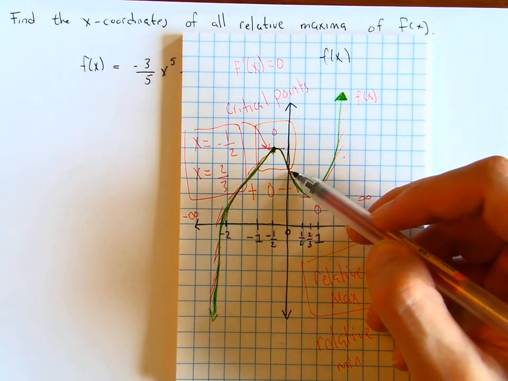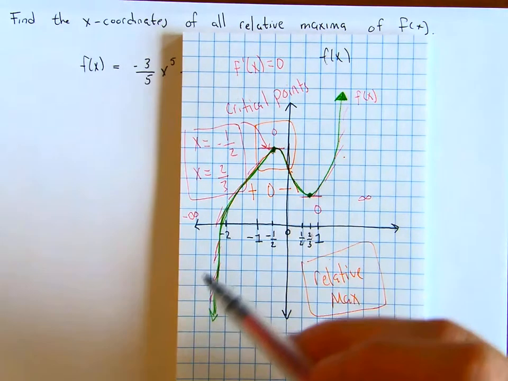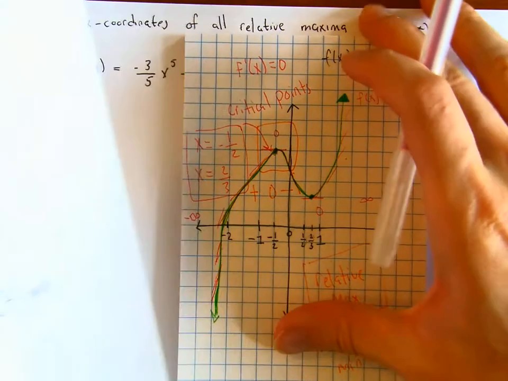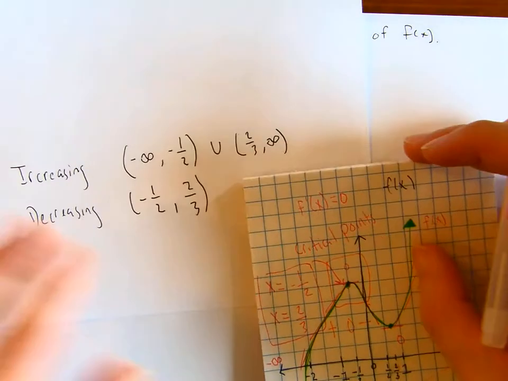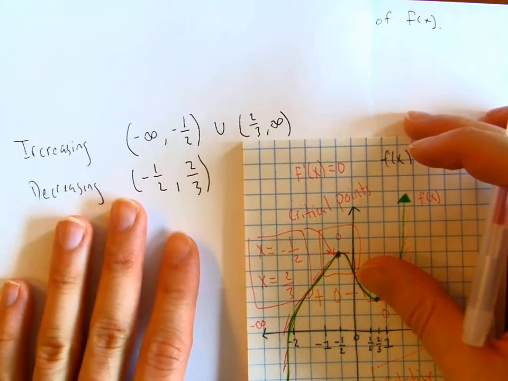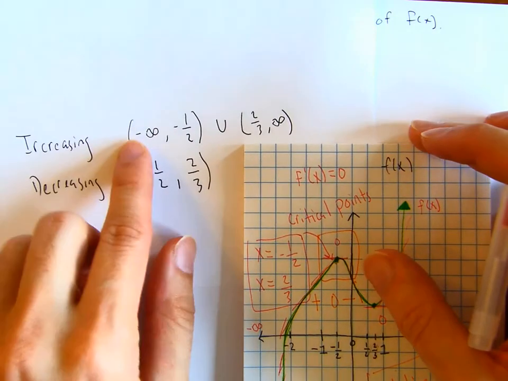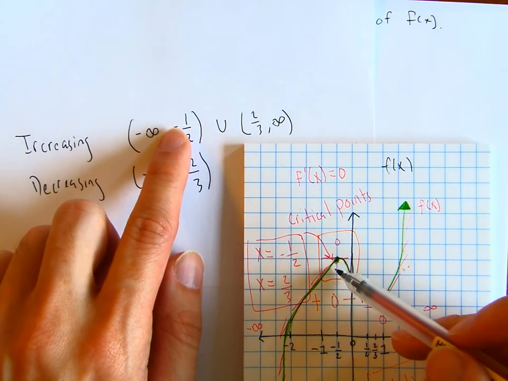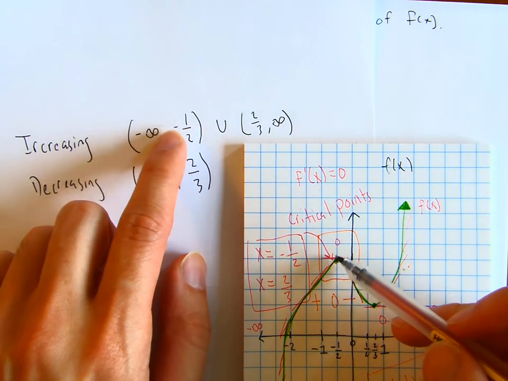So if you know that the graph is increasing from negative infinity to negative a half, then you know something happens at negative a half.